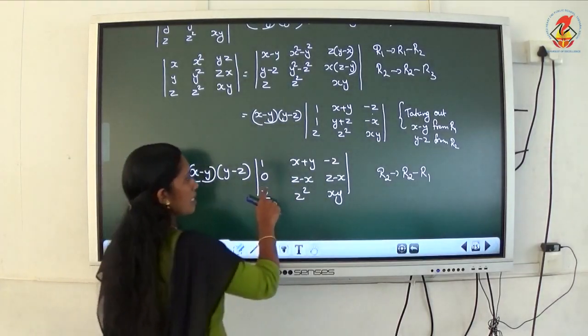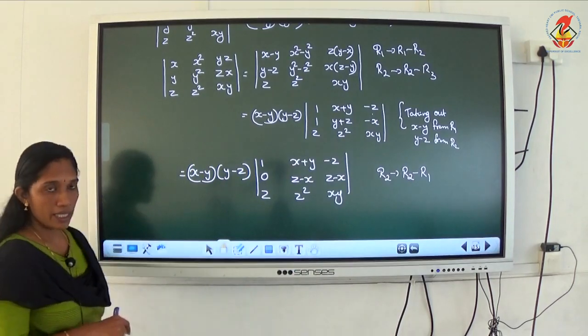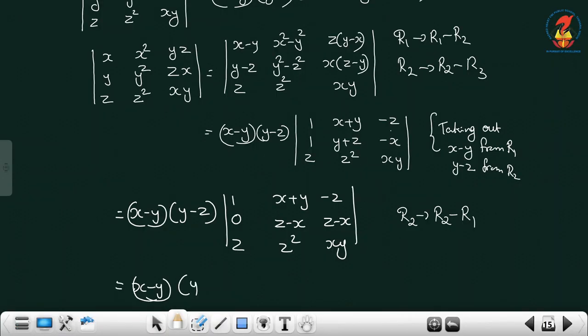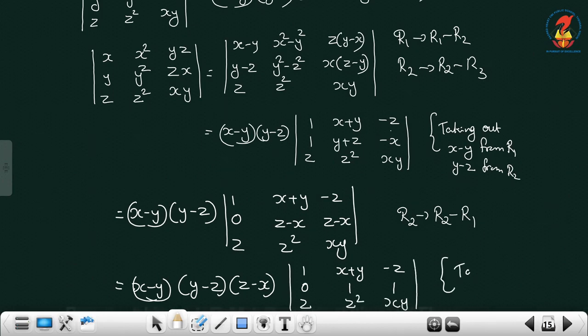Z minus x is common in the second row, taking that out: y minus z into z minus x, then determinant 1, 0, z; x plus y minus z, 1, 1; z square, xy. Taking out z minus x from R2.